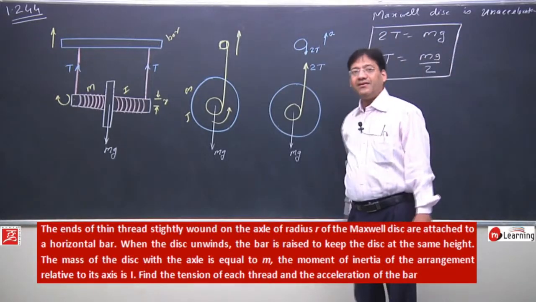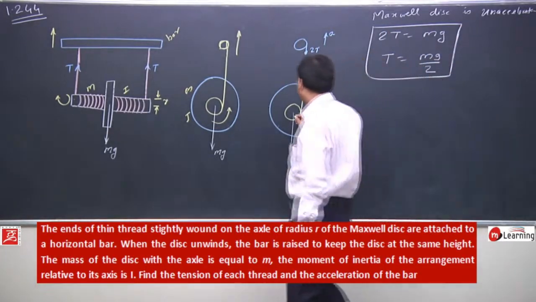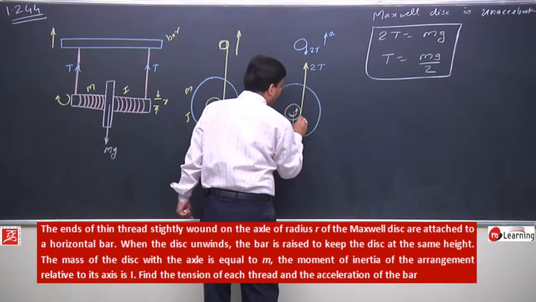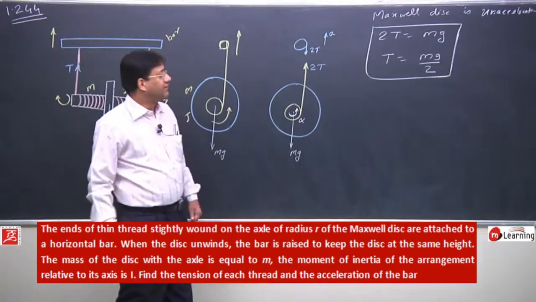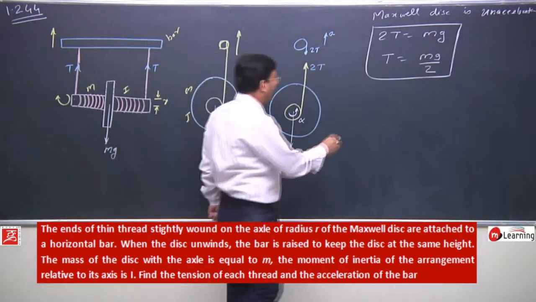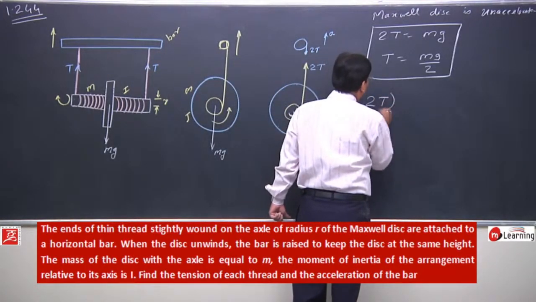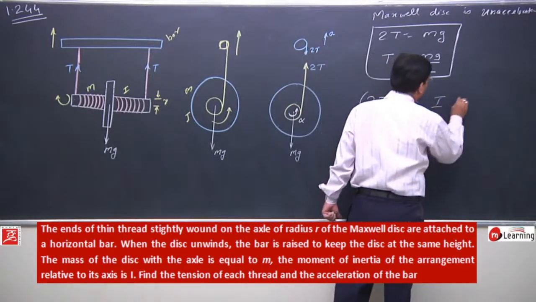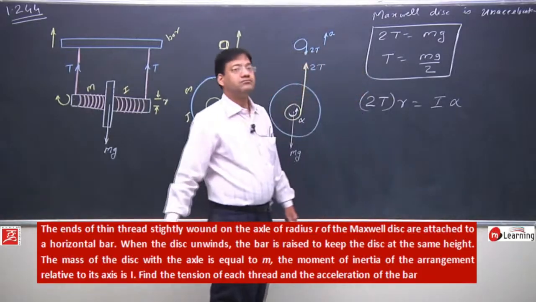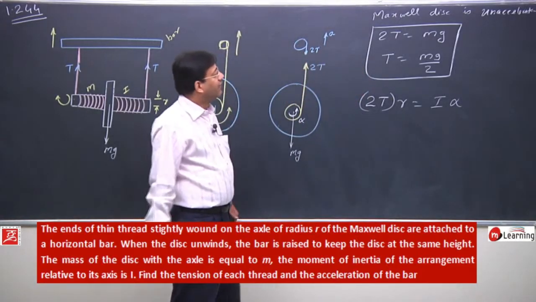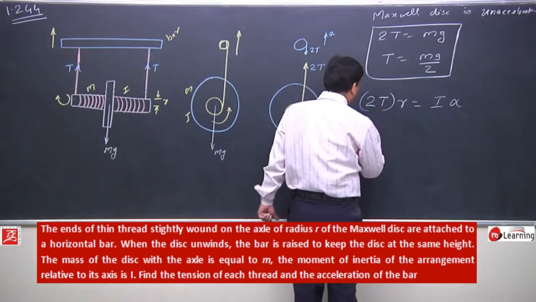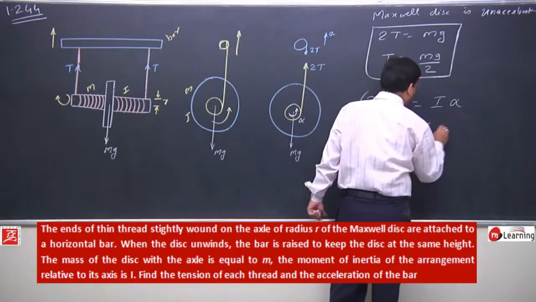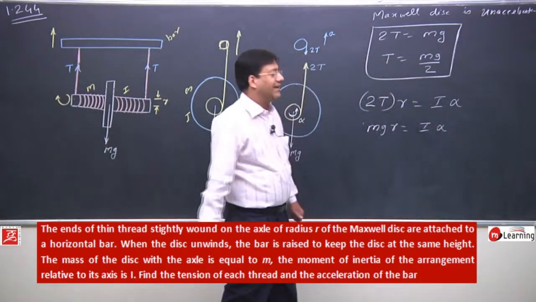Besides it, the disk rotates. Its angular acceleration is alpha. There will be no torque due to mg. There will be torque due to 2T. 2T into r provides the torque, and this is equal to I alpha. For 2T I will write mg, so mg into r is equal to I alpha.